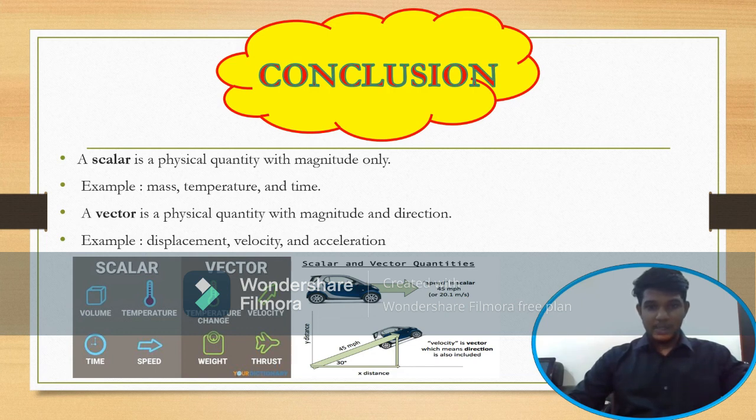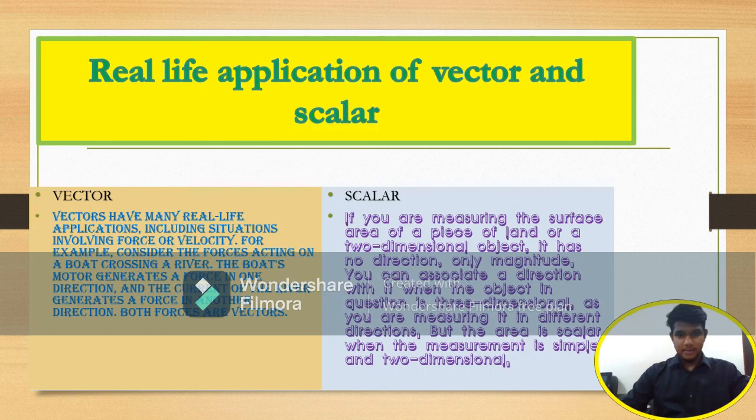You can see speed is scalar, 45 mph, only magnitude. But velocity is vector, which means direction is also included. So let's go to our next slide, where I will explain real life applications of vector and scalar.